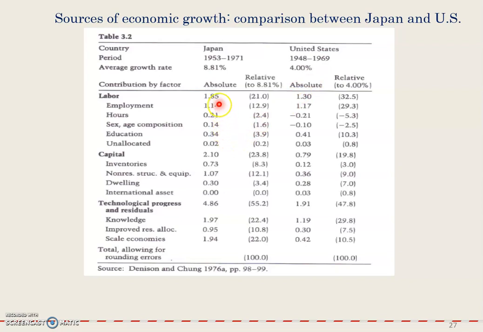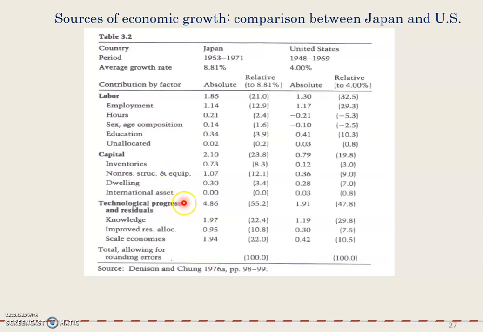Okay, now we break this down by their contributions to overall growth. We look at labor, capital, and technological progress, and the residuals. Here, residuals means something that cannot be explained by labor and capital.